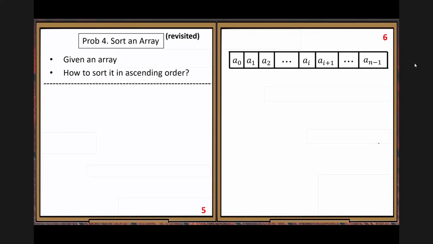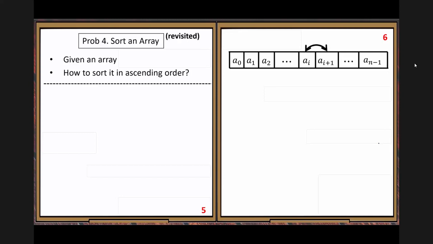This is a typical array. The elements in the array are in arbitrary order. Now, we want to do the comparison. When we do sorting, basically we need to do comparisons.